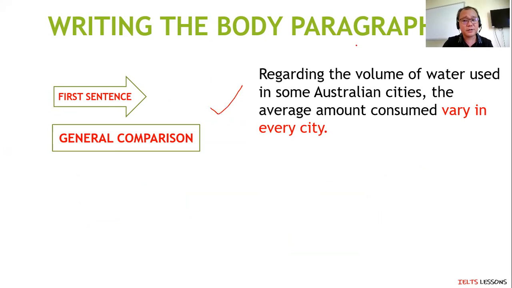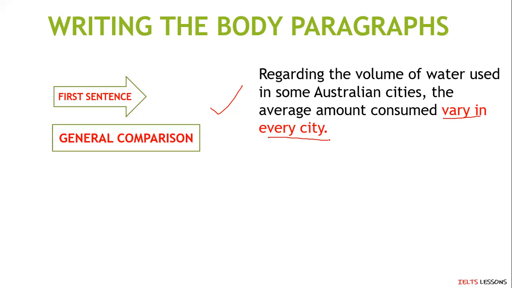In here, there is no detail. It says in the first sentence that regarding the volume of water used in some Australian cities, the average amount consumed varies in every city. So there is no figure.